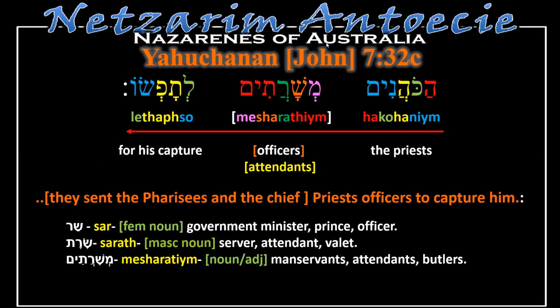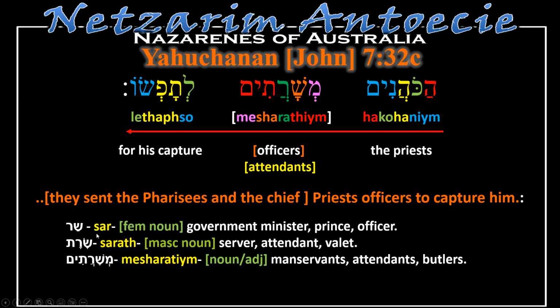And now we come to 32c. We have a hey, kaf, hey, nun, yod, mem, sofit, mem, shin, resh, tav, yod, mem, sofit, lamed, tav, pei, sin, vav. Ha-kohanim, the priests, so the heads of the priests, right? Me-sharatim, officers or attendants.